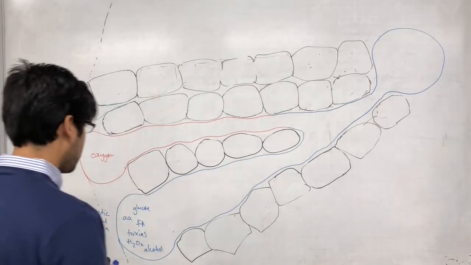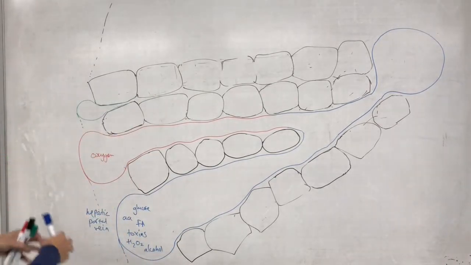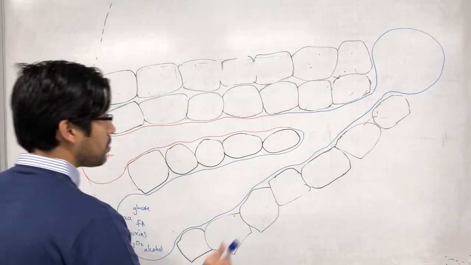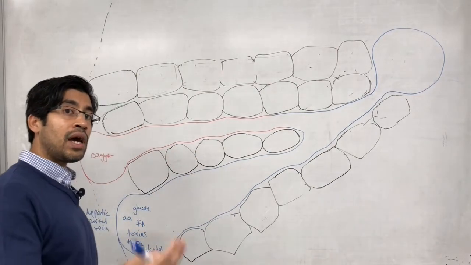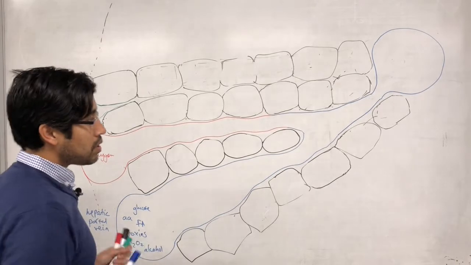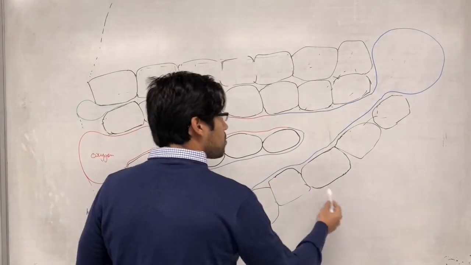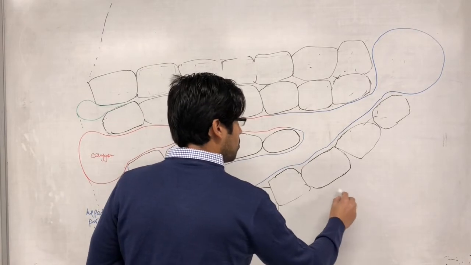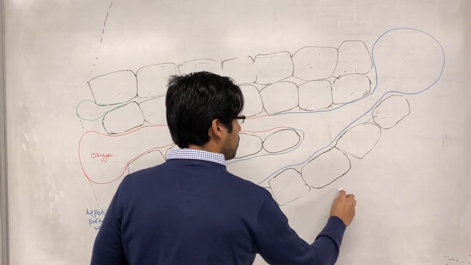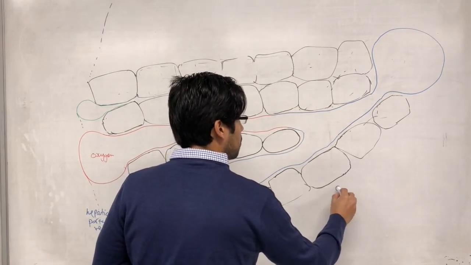let's remind ourselves of the metabolic functions that the liver carried out, and we'll see how they get done. Okay, so we grouped them in terms of molecules to begin with. So we talked about proteins.